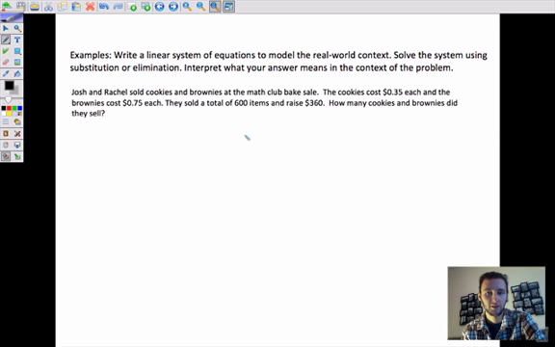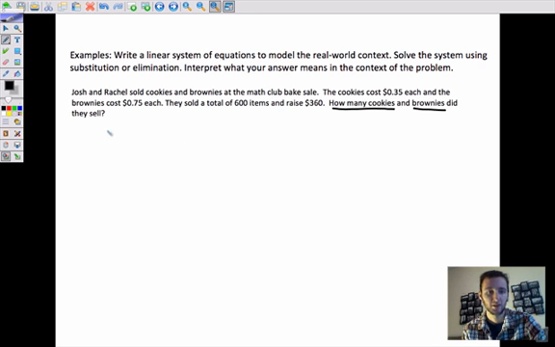So again, we need to look at what the question is asking us. It's asking how many cookies and how many brownies were sold. The next thing I want to look at is what the problem already tells us. It tells us that a total of 600 things were sold.